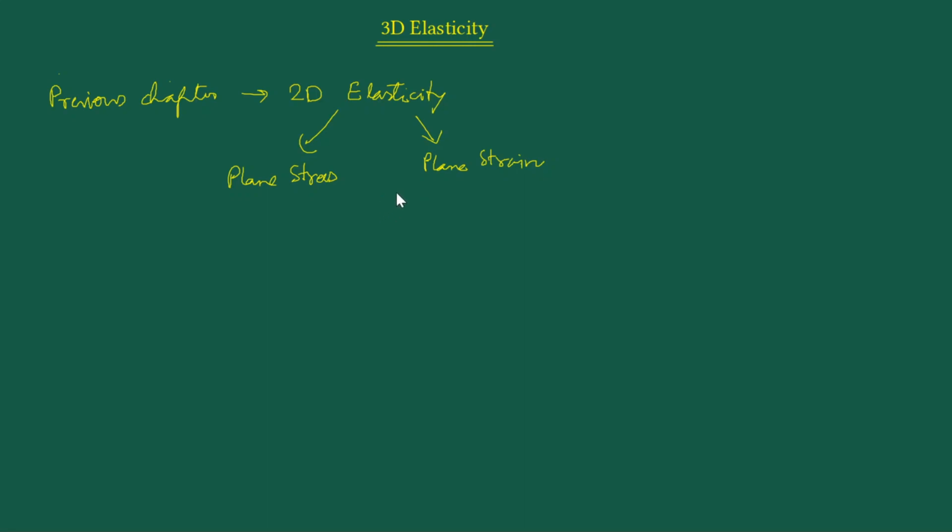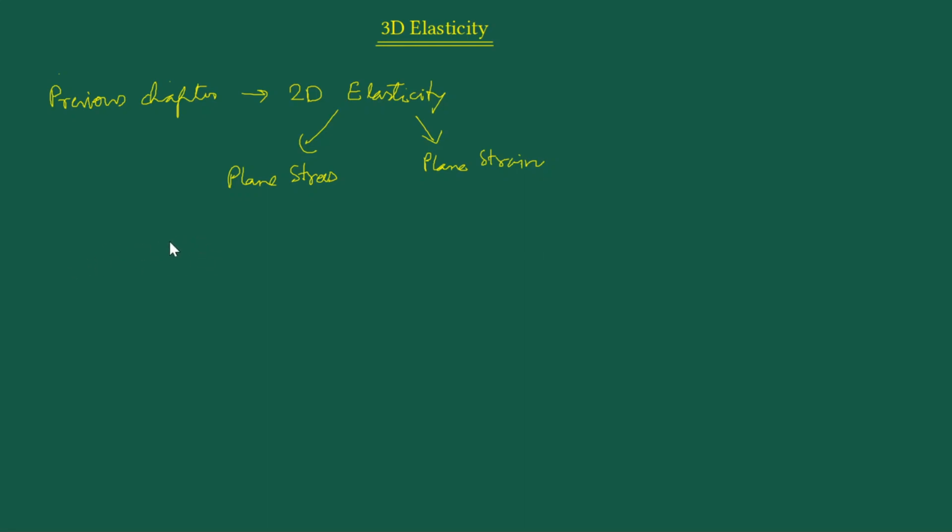Now, you can easily also imagine that when we talk about the more general category of such 3D elasticity problems, there will be a huge number of different methods which will be used to solve those problems. Many different kinds of methods.